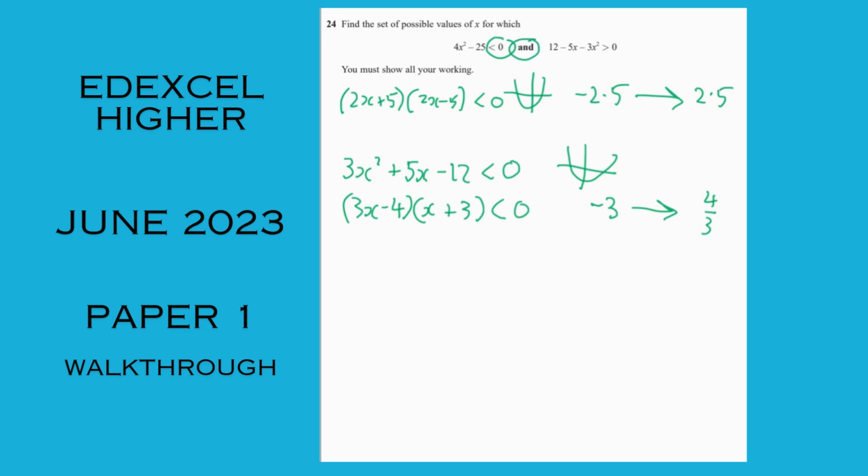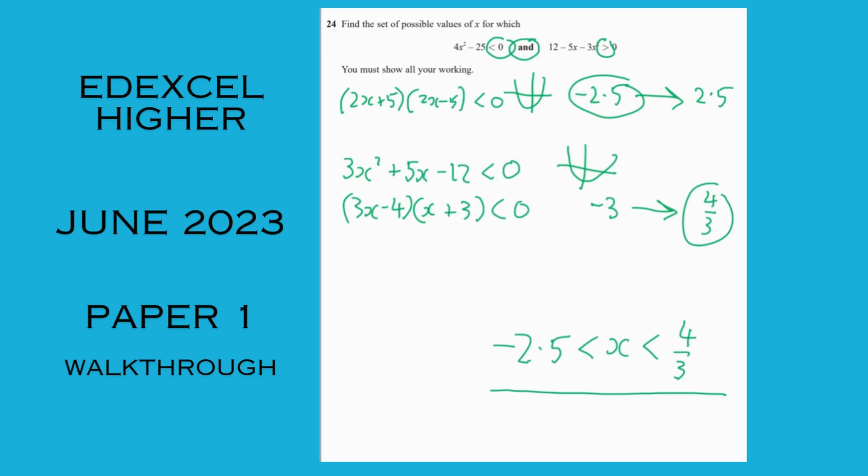So we should pick the highest of the lower limits and the lowest of the higher limits. And because they both don't have an equals to, neither should we. So there's our answer for the set of values which satisfy both.